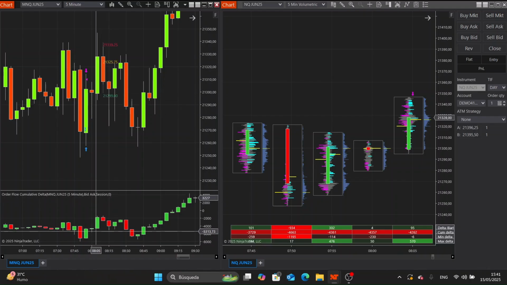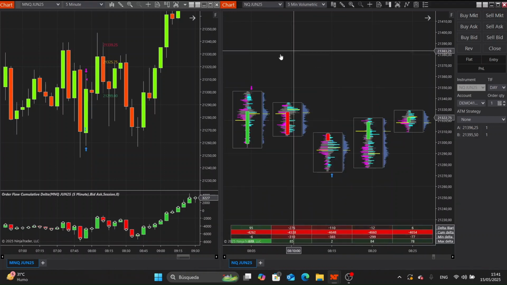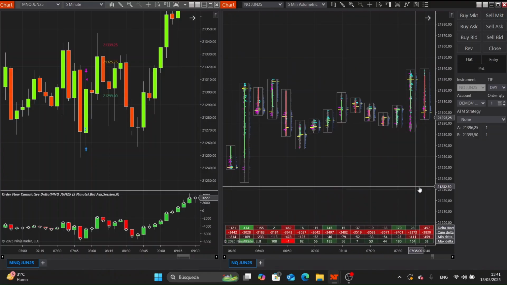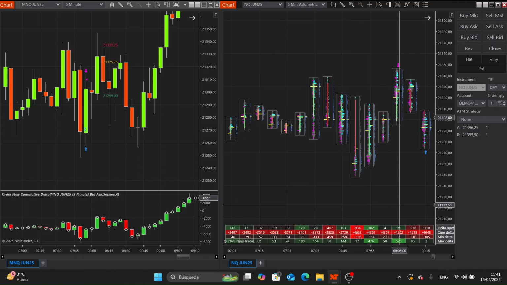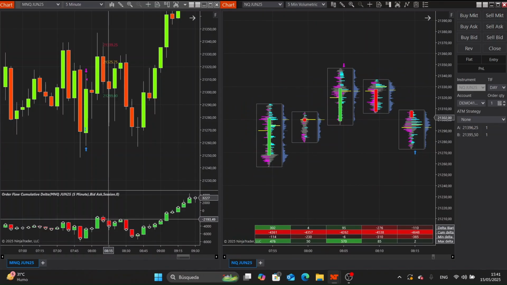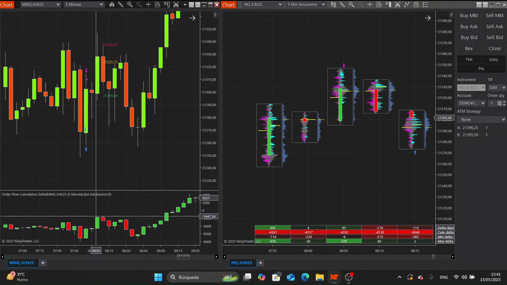I don't know why this cumulative delta is kind of different than the one I had on the session, but this high actually was pretty low on cumulative delta. It went here and it had a way minimum delta. Let me see if it's actually respected on here. Yeah, this is what I'm telling. I don't know why it is showing a lot of delta on this candle when in reality it went from 500 delta to 90 delta.